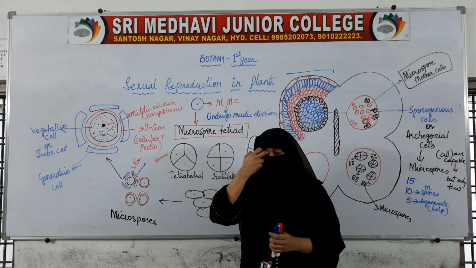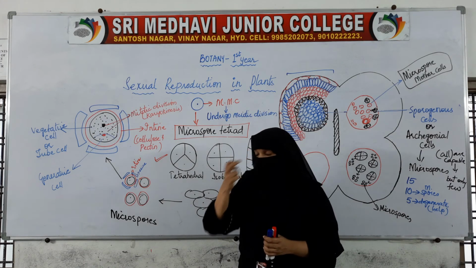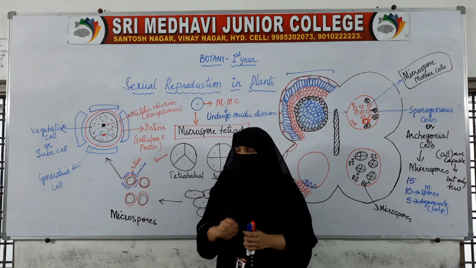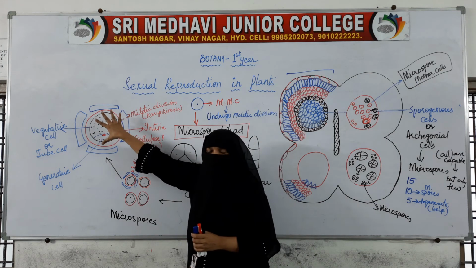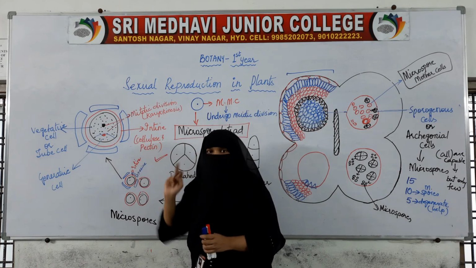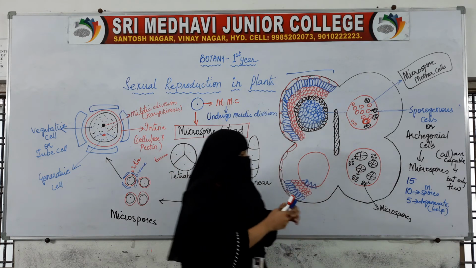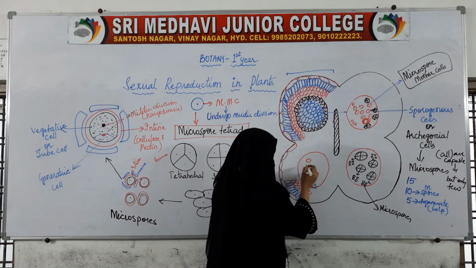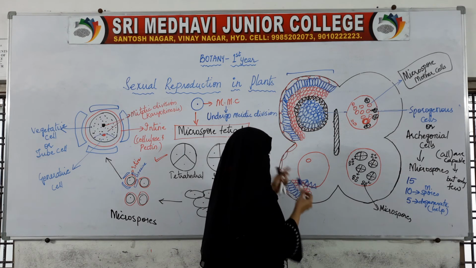So the microspore with these 2 layers, intine and exine, together is called a pollen grain. Like this, many pollen grains will be formed.